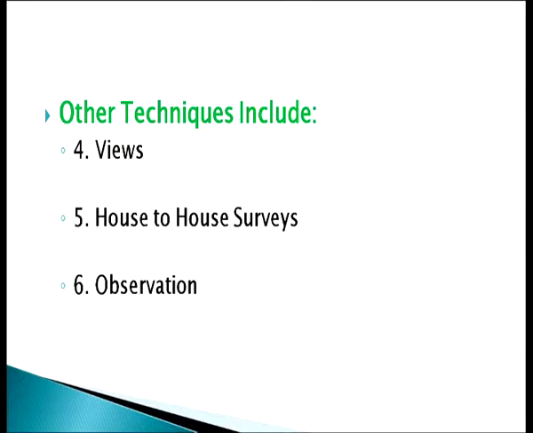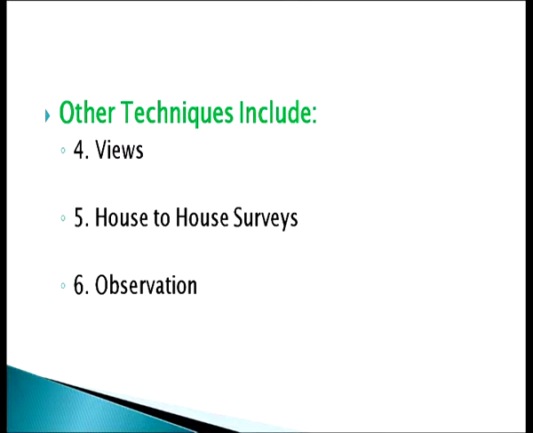Another technique that we use is house to house surveys. Depending upon the situation, if not the entire village survey, some house to house surveys may have to be done. Such techniques are also useful in getting information. The last technique we use for micro planning is observation.